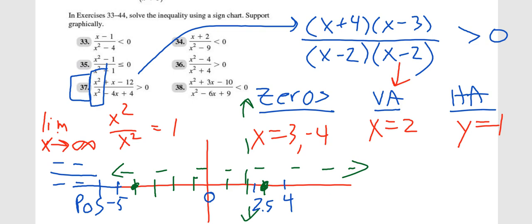We found that we needed negative 5, 0, 2.5, and 4. That's why I was like, I need something past this 0. I need something between this 0 and this vertical asymptote. I need something between this vertical asymptote and this 0. And something after this 0.